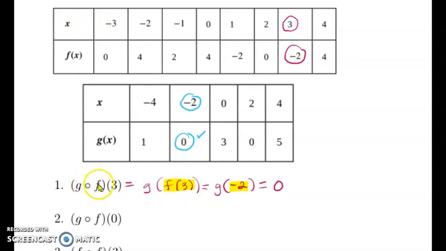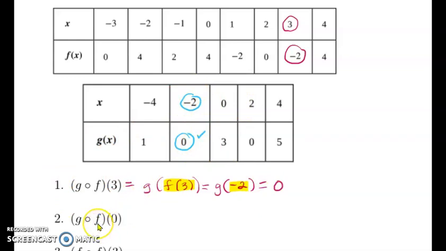Kasi from right to left tayo. Sa f muna, tapos sa g. So sa f, okay, tingin ka sa 3. 3, okay, goes to negative 2, and then you have to look at g now after that. 3 goes to negative 2, then for g naman, negative 2 goes to 0. That is why this is equal to 0.